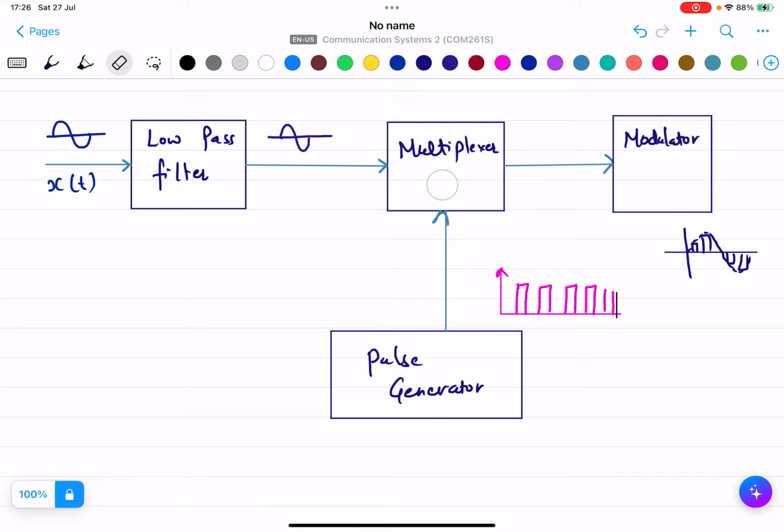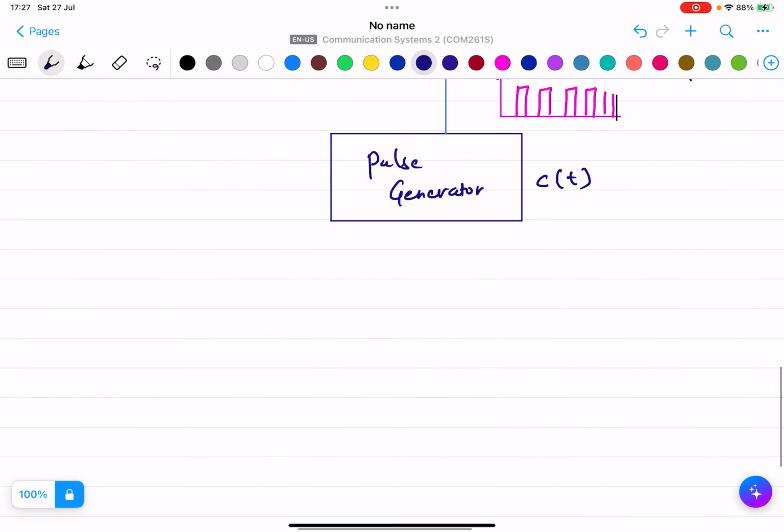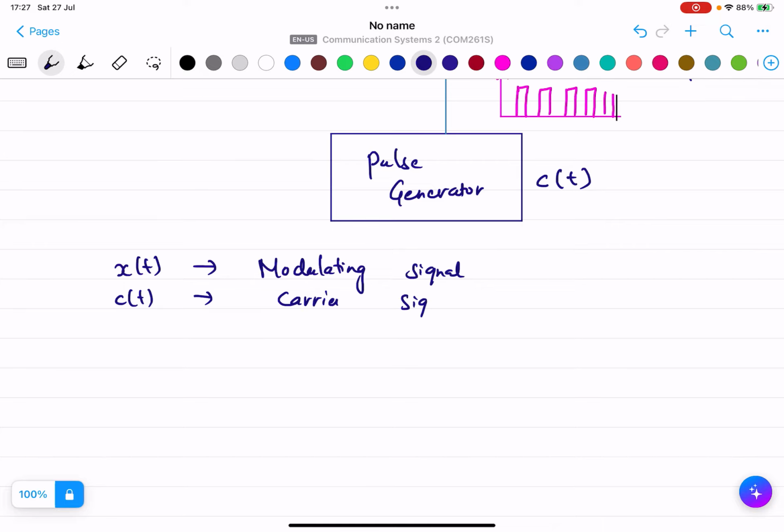You need to remember the block diagram: this is your c(t), the carrier wave, and this is the modulator. A simple block diagram. x(t) is the modulating signal, and c(t) is the carrier signal.